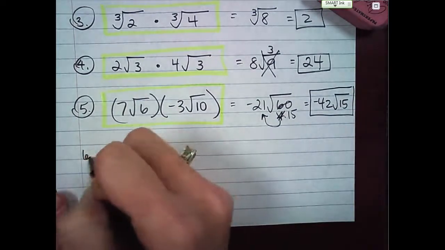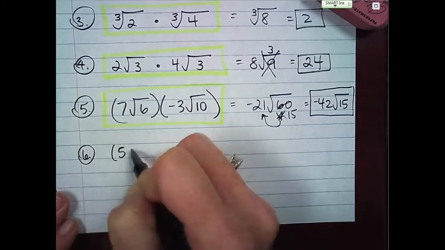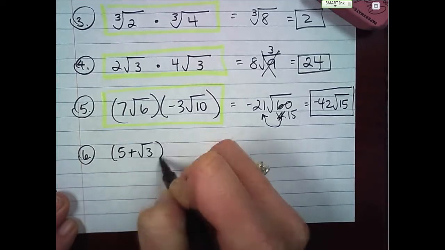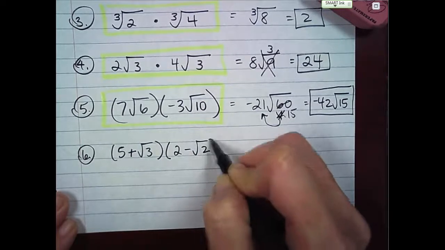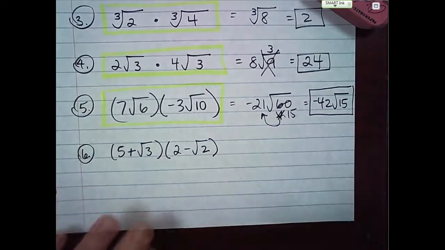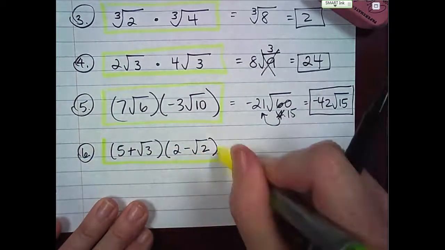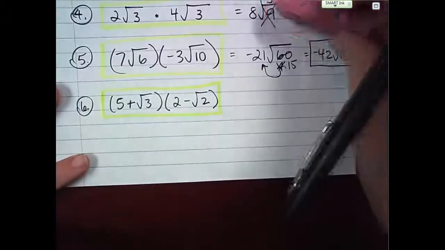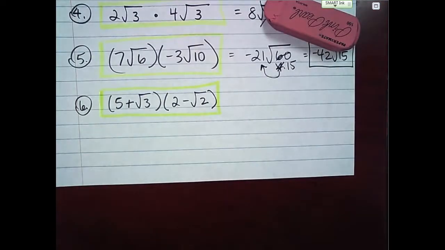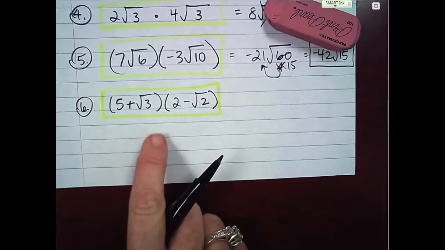Number 6. 5 plus root 3 times 2 minus root 2. What does this mean?